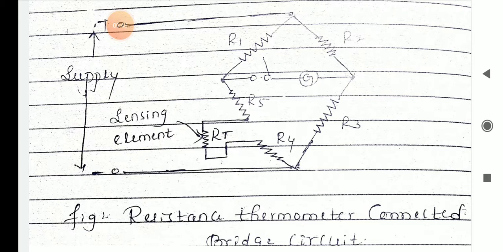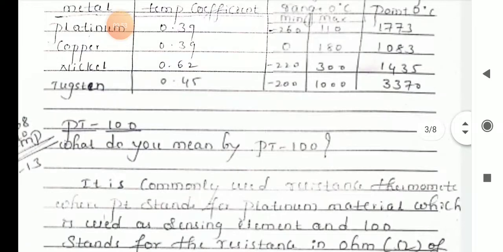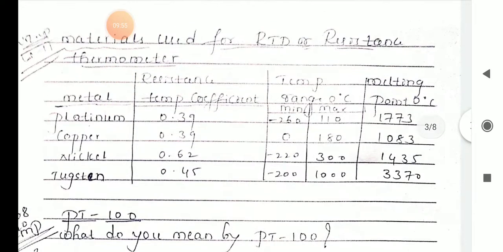Okay, so next we are going to discuss what are the materials you are going to use for RTD or resistance thermometer. These are some materials which you are going to use for these thermometers. It is divided into four parts: metal, resistance, temperature coefficient, temperature range in 0 degree Celsius, and melting point in 0 degree Celsius.